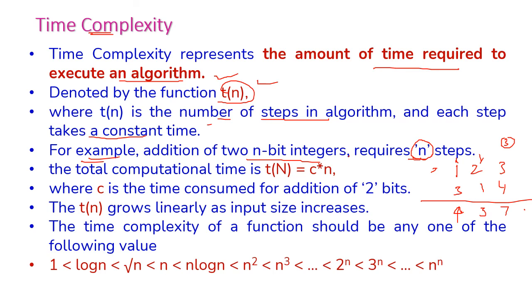The total computational time is T of n, which is equal to C into n. What is C? C is nothing but the time consumed for adding 2 bits. So this is 1 bit, this is another bit. How much time will it take to add these 2 bits? 2 into 3, that is 6.